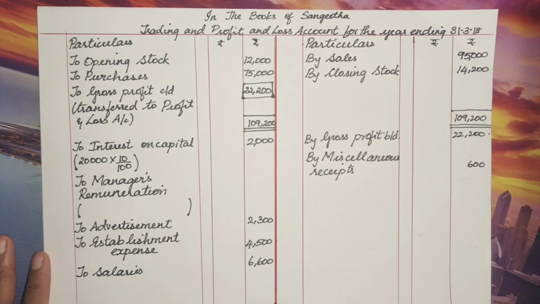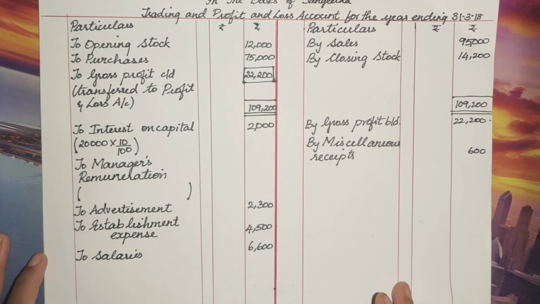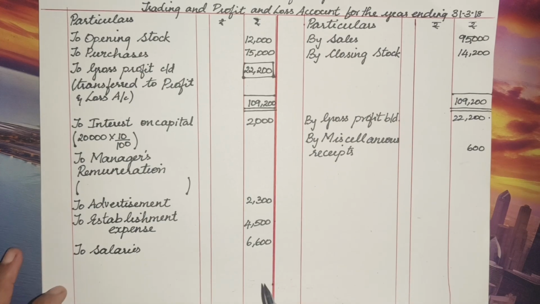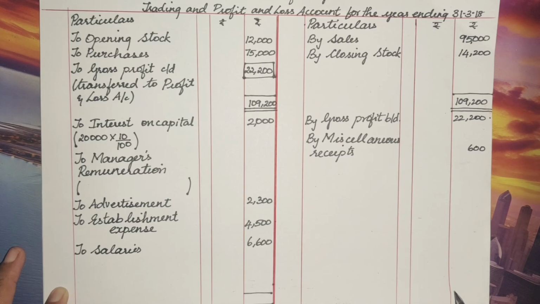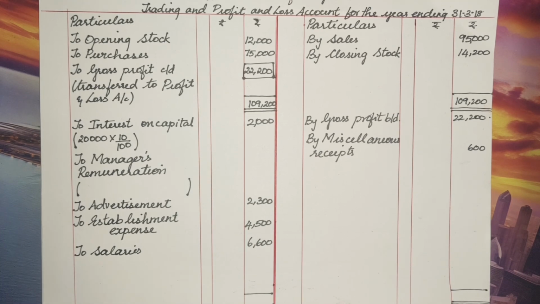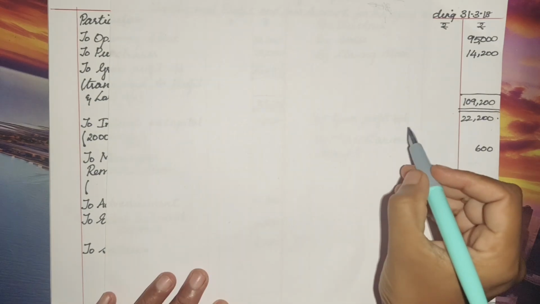Even adjustments which do not have any addition or subtraction to be done can be written in the outer column, like interest on capital and manager's remuneration in this particular problem. Then we have the salaries written in the outer column. With this, all the items relating to the profit and loss account are over. So now leave 3 lines and draw the grand total. Moving on, if we add up the credit side, we get 22,800.